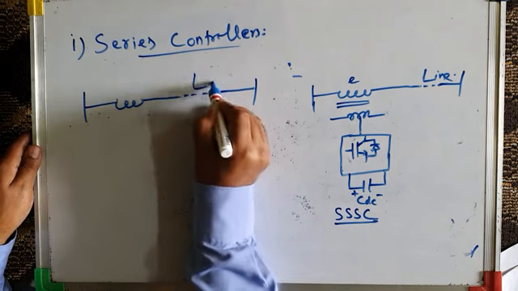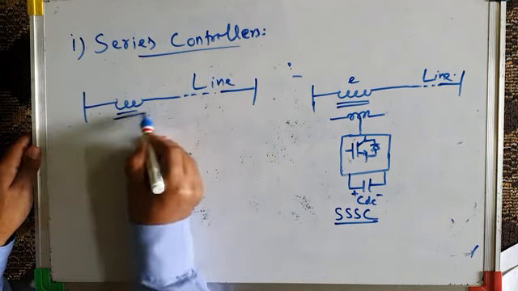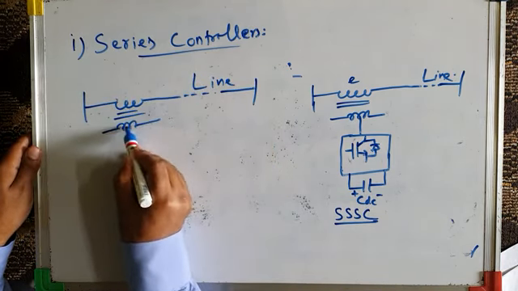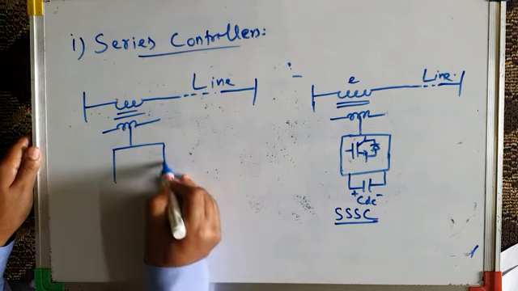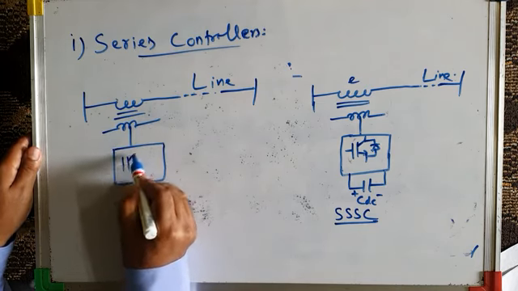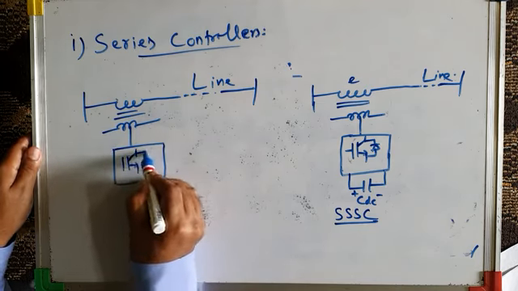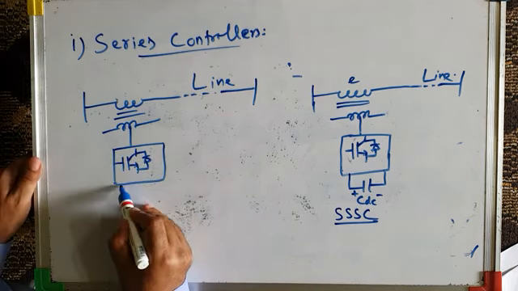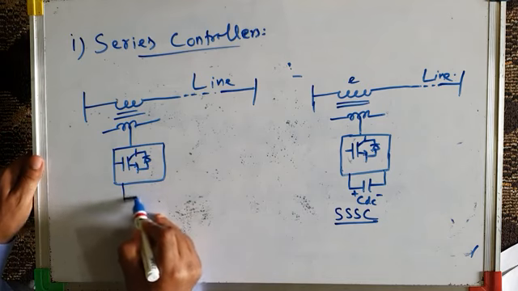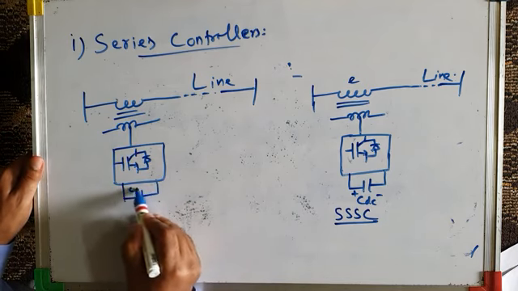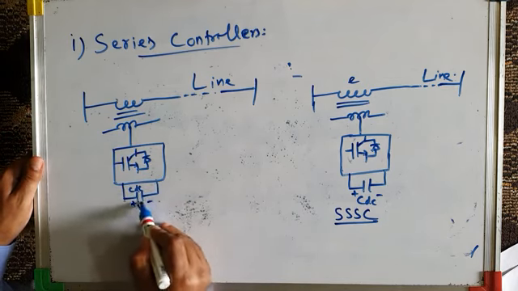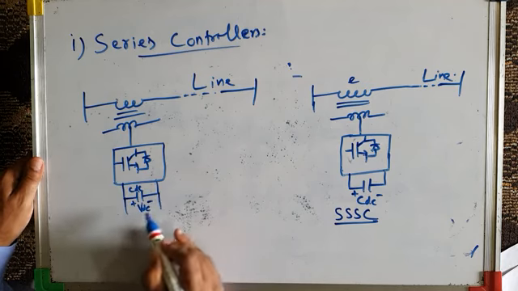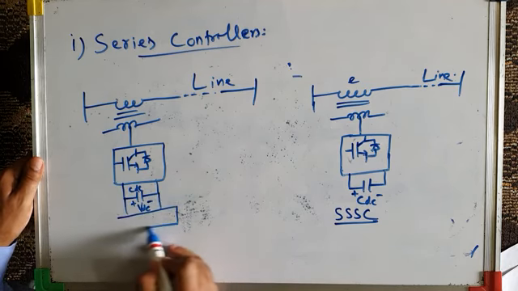Again, this is the transmission line. This is the injection transformer, and I again have the same converter. It may be a GTO or IGBT based power converter, maybe 2-level or multi-level. And then this is the DC link capacitance, CDC, with DC link voltage, VDC. Then I have a power electronics interface here.